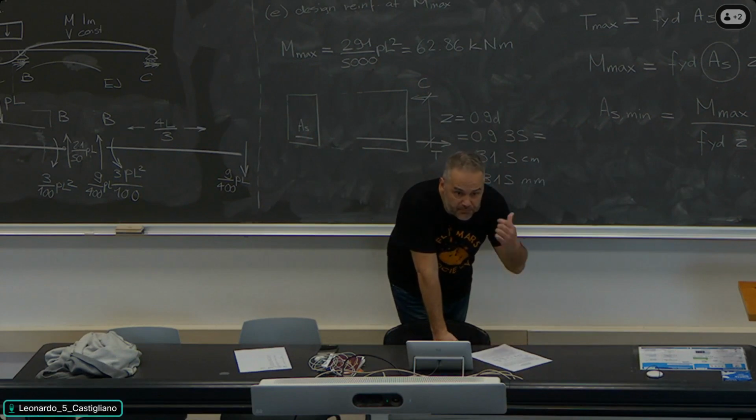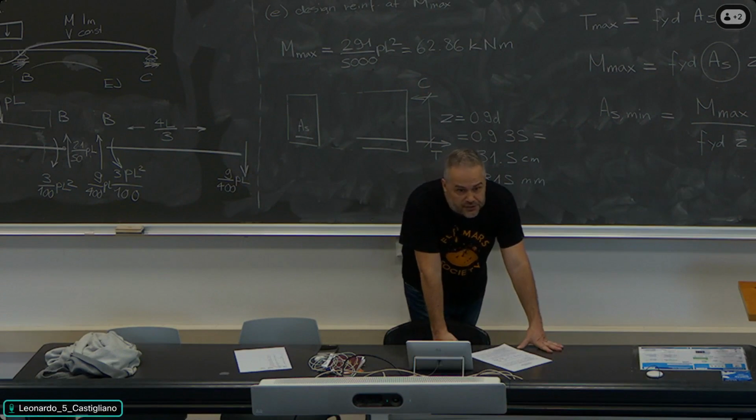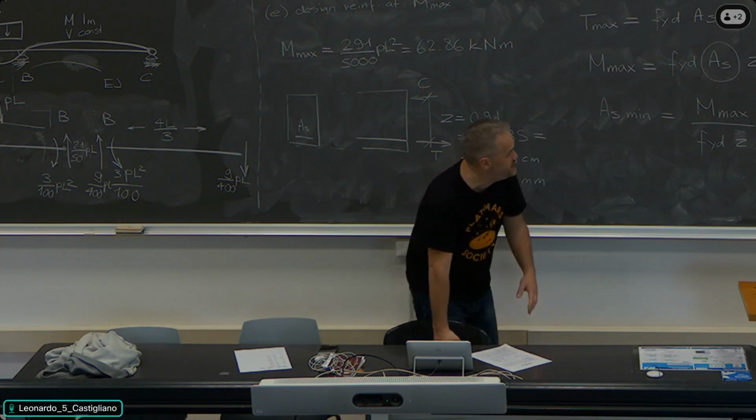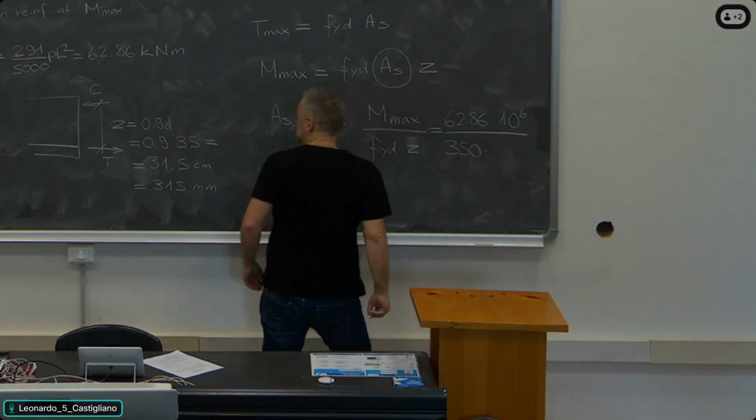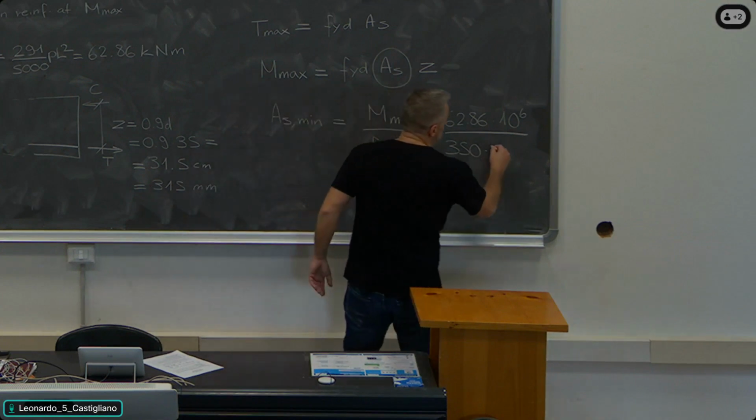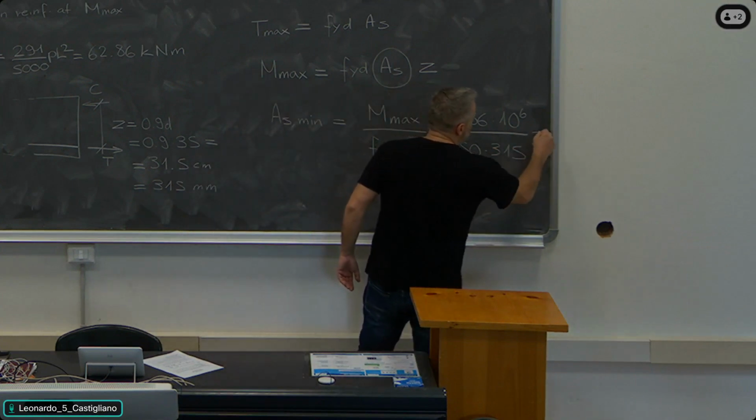Megapascals are equal to Newton over square millimeters. And then 315 is in millimeters right away.